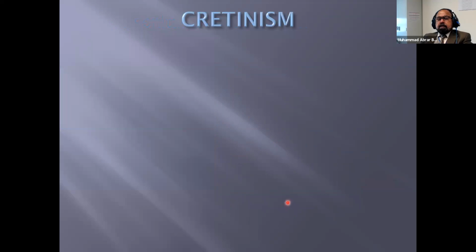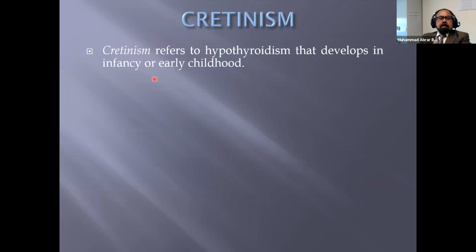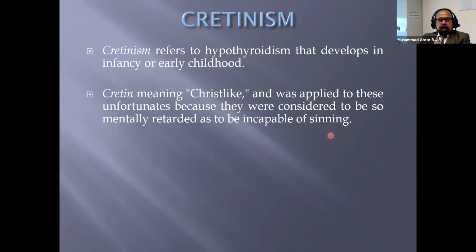Cretinism is a counterpart of myxedema. Myxedema occurs in older people, and cretinism usually affects children. Cretinism refers to hypothyroidism that develops in infancy and childhood. Cretin means Christ-like. Because of hypothyroidism, these children become mentally retarded.